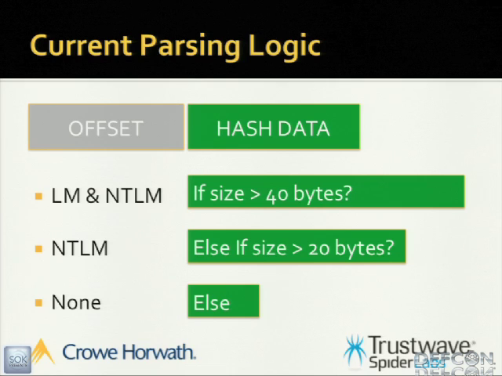So, 40, we got it, cool. If I'm over 40, I probably have both hashes. Otherwise, if I'm only over 20, I've got just an NTLM, and therefore I will parse that hash data completely differently, or I don't have any hashes. So the main takeaway here is that the way the tools decide to parse out these hashes is by measuring the length of hash data, which inherently leads us to the flaw.